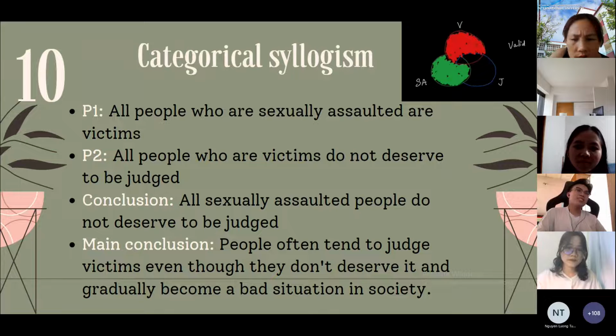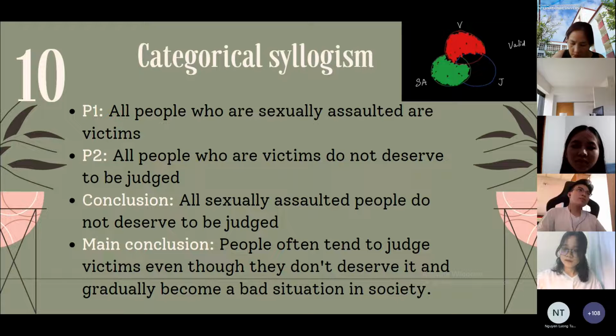Is there a reference link here? I don't see it from my side. Actually, there is none in this slide, the 11th slide too. Some of the arguments I saw links for, but some don't have them. So we will doubt the truth of the premise or the evidence in the premise.